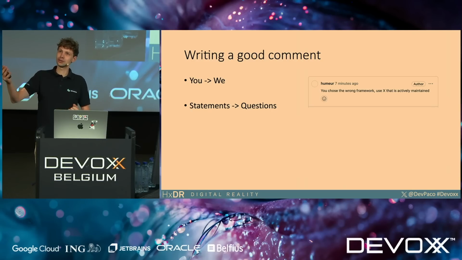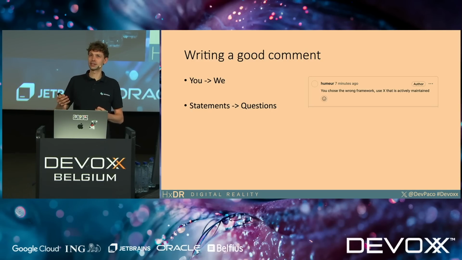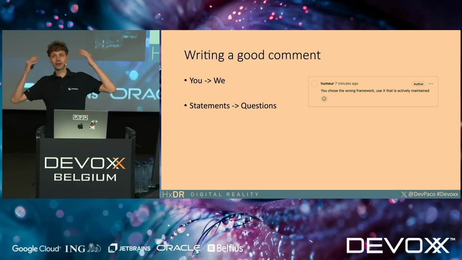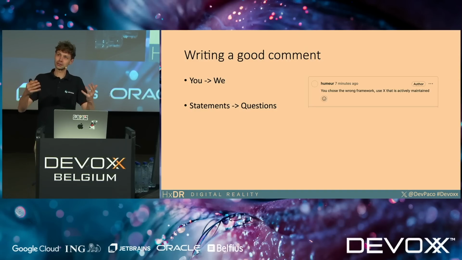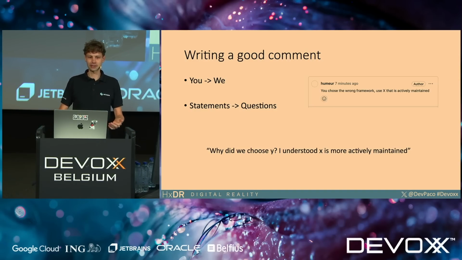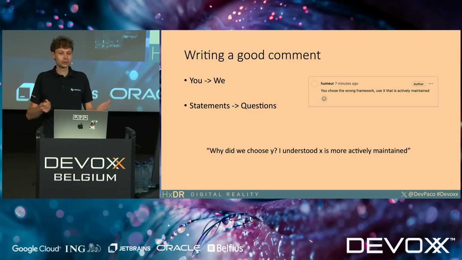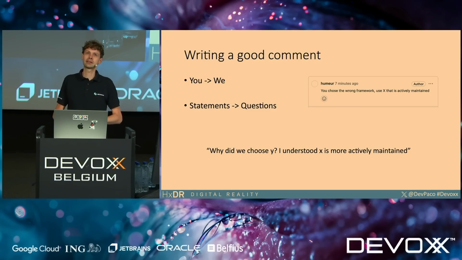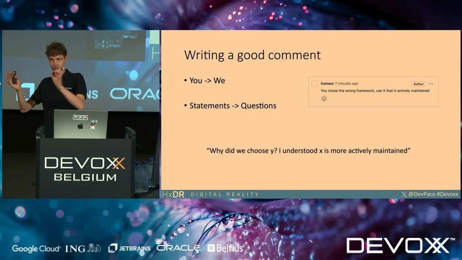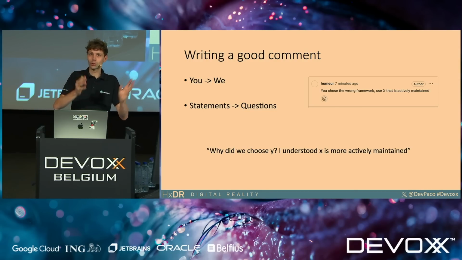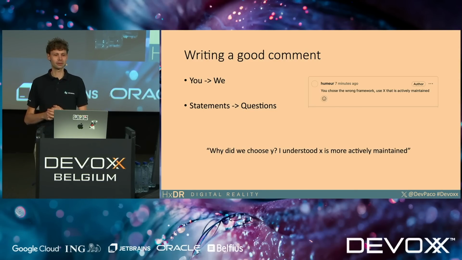You also give them a chance to explain why they made a certain decision, and maybe it actually made sense. Maybe it didn't, but then they might come to this conclusion themselves, which again helps improve the process. So a message like this, why did we choose Y? I understood that X is more actively maintained, allows people to explain, oh, okay, I also saw this, but, or, oh, you have a good point there. I'll improve this.